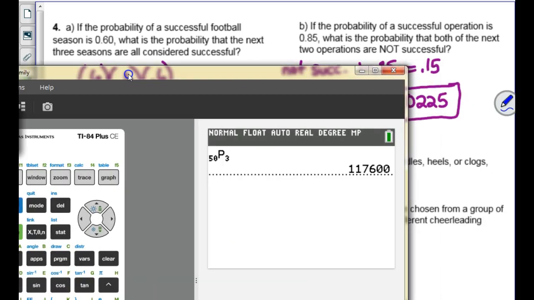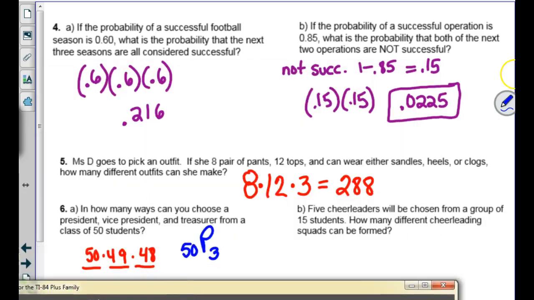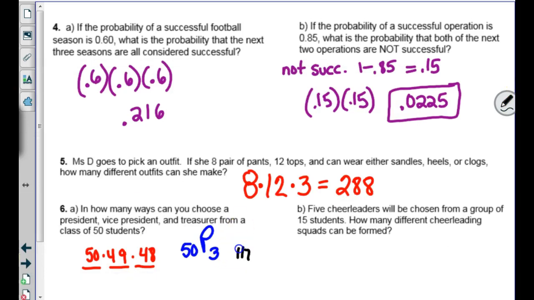Anybody get that? 1176. Right, 5 cheerleaders will be chosen from a group of 15 students. How many different cheerleading squads can be formed? Okay, so you're just going to reach in and pick out 5 of them. That's a combination. Yes, the order doesn't matter. And if you're not sure, you could do 15C5 and 15P5, and we want the smaller one, right?